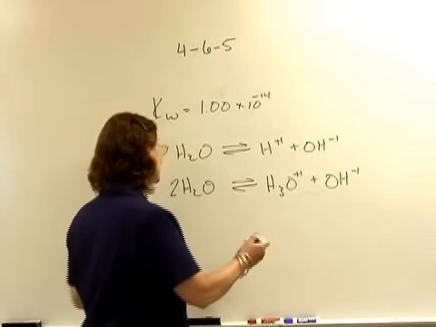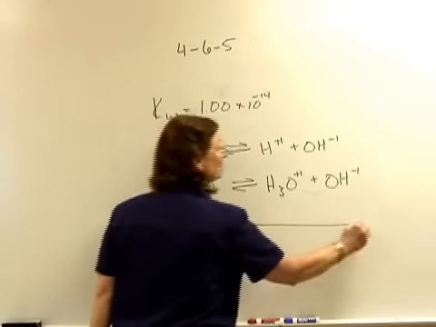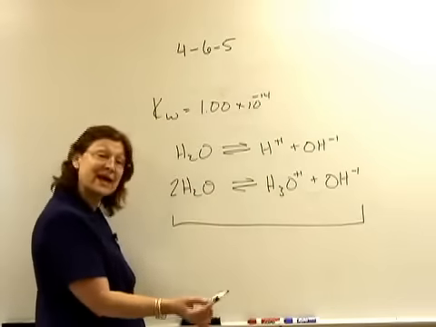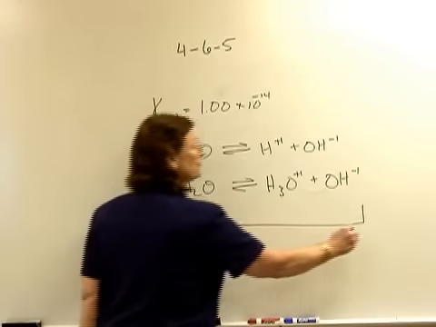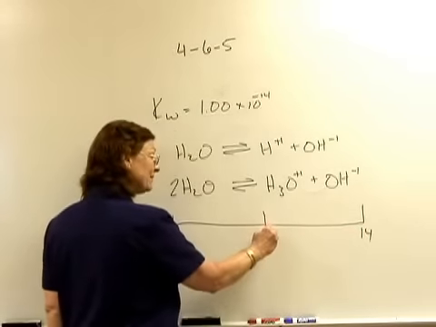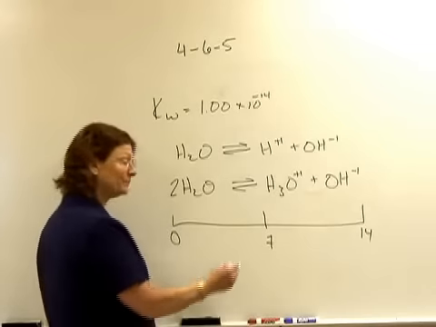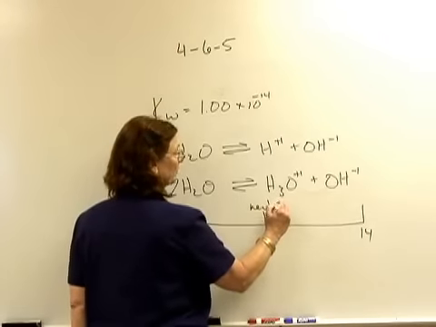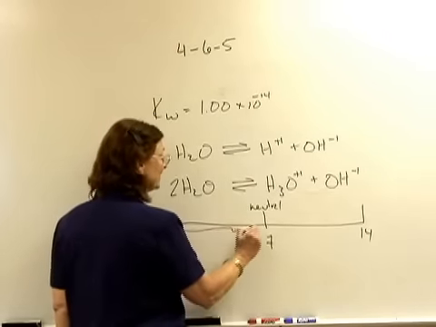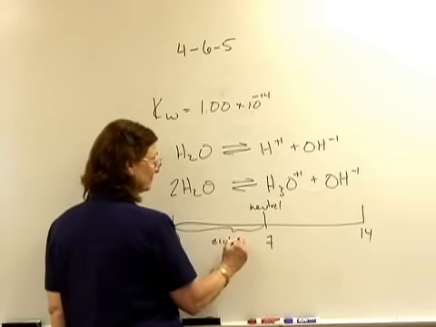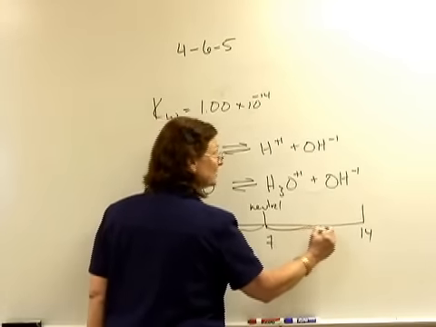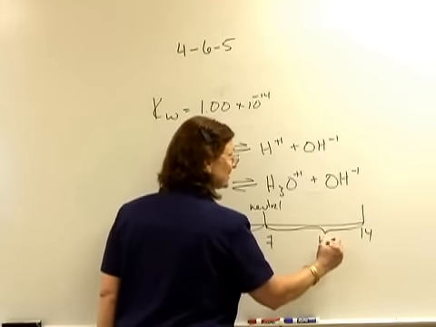And that leads me into the pH scale. On the pH scale, it goes from 0 to 14, and 7 is neutral, and 0 to 7 is acidic, and 7 to 14 is basic.